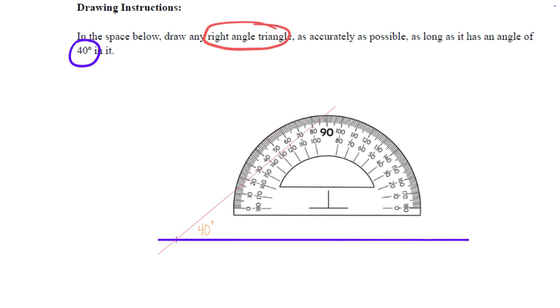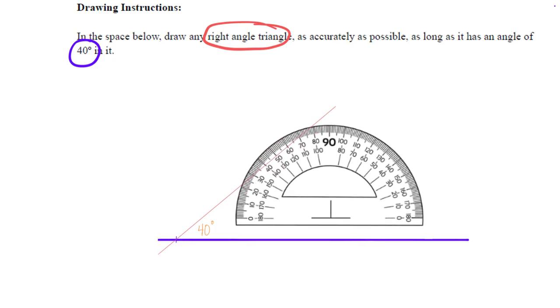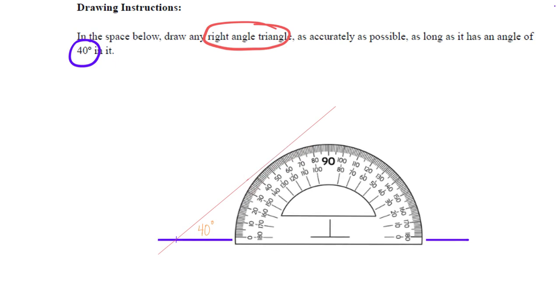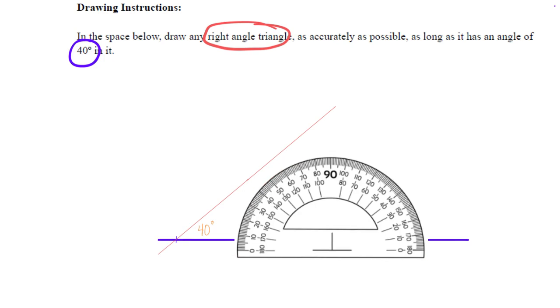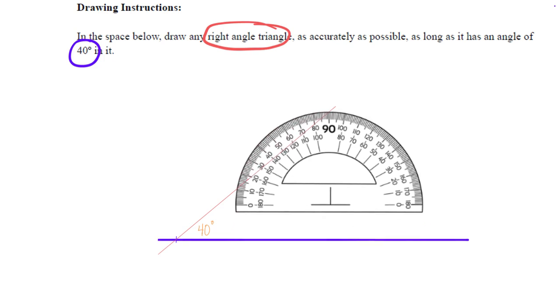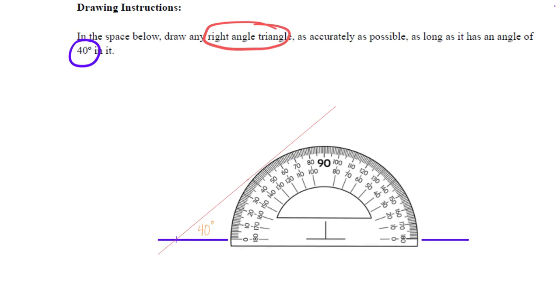There's my 90, and if I drop that straight down, I want to see, can I line that up with my bottom side? Well, it seems like I keep missing my bottom side here. My purple's not showing up. So I will do the best I can.